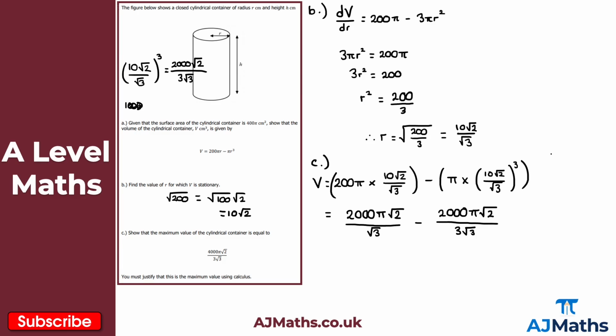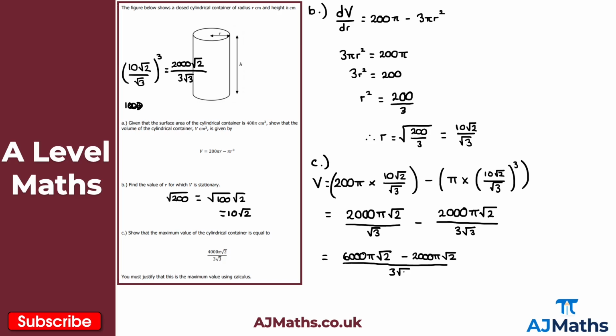So if I get this over a common denominator here, what I'm going to get then is, well, I need to times this fraction here, both numerator and denominator, by 3. So what I'm going to get then is 6000 pi root 2 minus 2000 pi root 2, and that's all over 3 root 3.